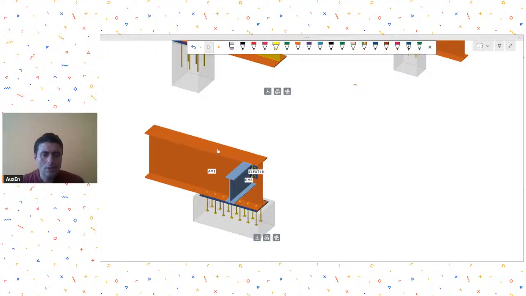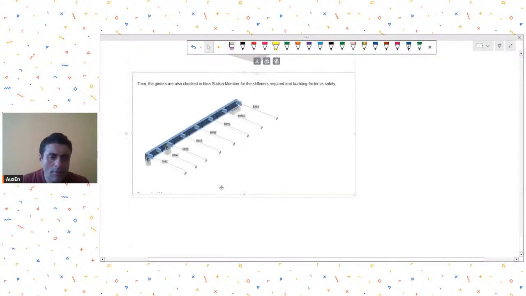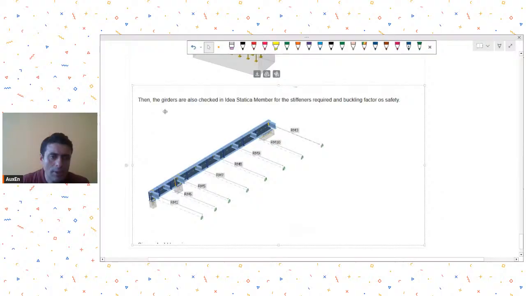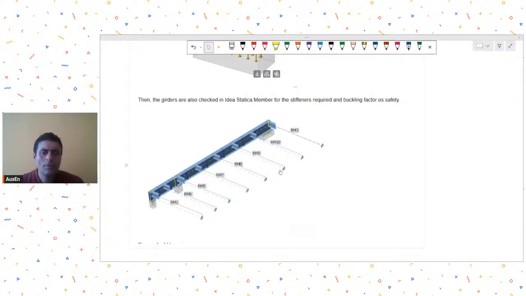Then the girders are also checked in IDEA StatiCa Member for the stiffener requirement and buckling factor of safety. Okay. So I have not used IDEA StatiCa Member myself, but he has checked these girders in IDEA StatiCa Member for the stiffeners required and buckling factor of safety. What is his question? My doubt here is, very interesting.